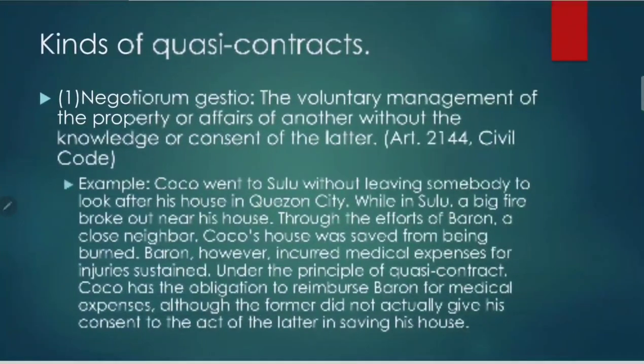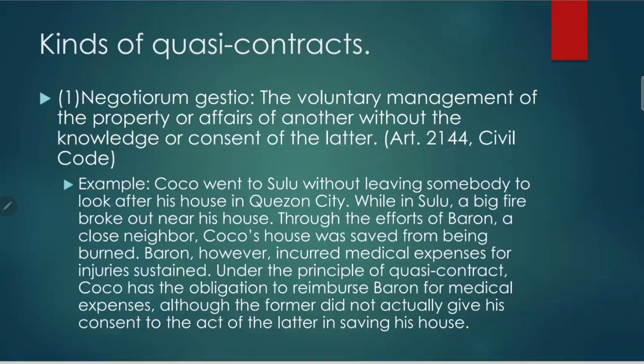For us to better understand this, let us discuss the two types of quasi-contracts, two general types of quasi-contracts. First is negotiorum gestio, which is the voluntary management of the property or affairs of another without the knowledge or consent of the latter.